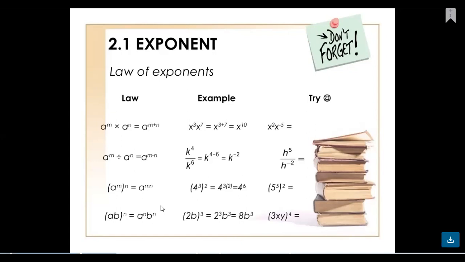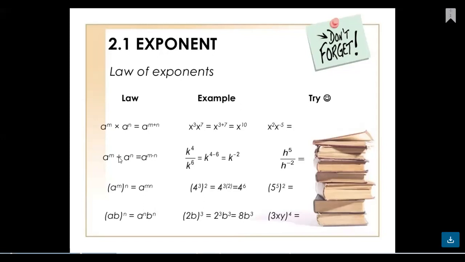So, the next one is, yan, may parenthesis naman. Okay, so pag parenthesis naman, ang mangyayari nito is minumultiply natin yung outside tsaka inside na exponent. So, unlike na kapag multiplication, ipa-plus natin yun.